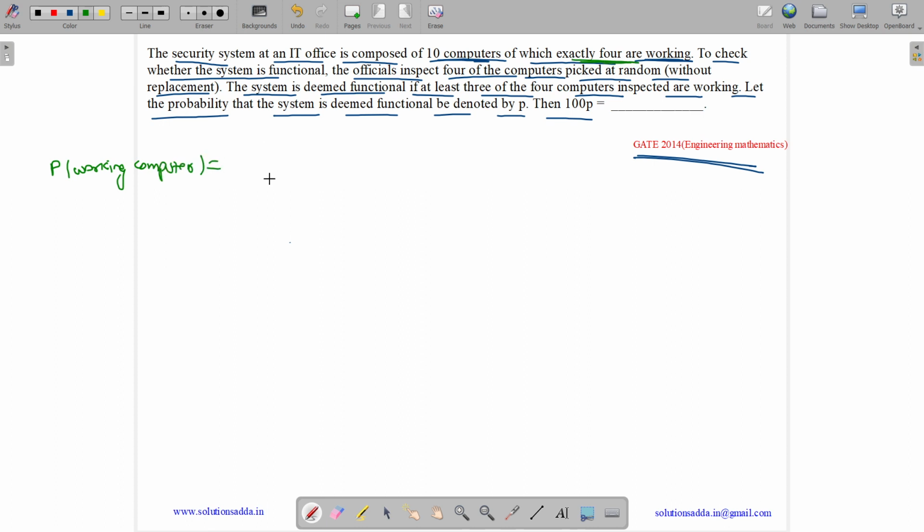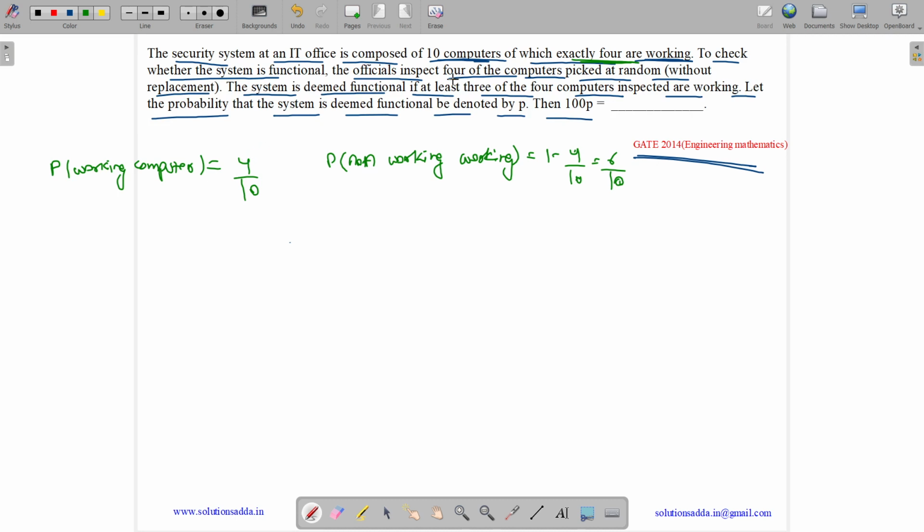We have exactly 4 are working out of 10. So it is 4 by 10. So what is the probability of non-working computer? It is equal to 1 minus probability of working, which is 4 by 10. So it is equal to 6 by 10 as 6 are non-working computers.